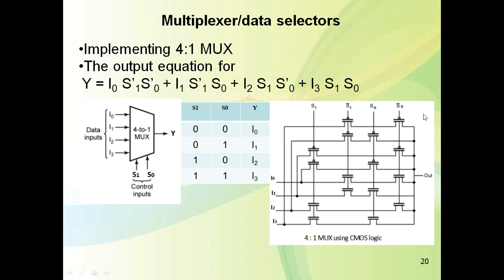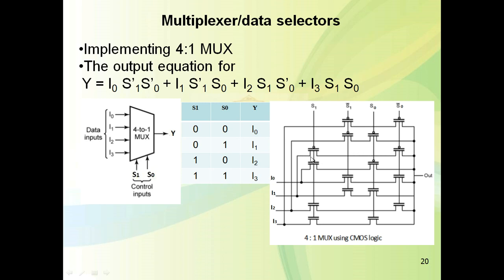This is the configuration on the p side. For the next, we have S0 bar and S1, and the next configuration is S0 S1.